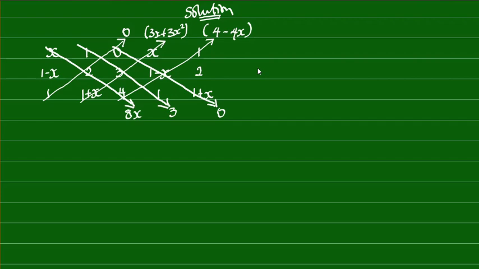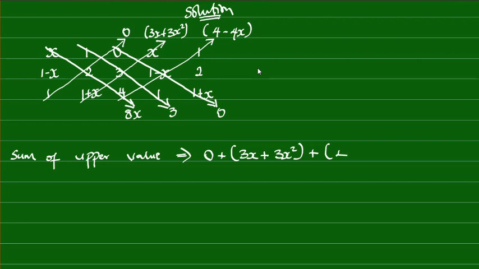So we have a sum of upper values. 0 plus bracket open, 3x plus 3x squared, bracket close, plus bracket open, 4 minus 4x, bracket close.